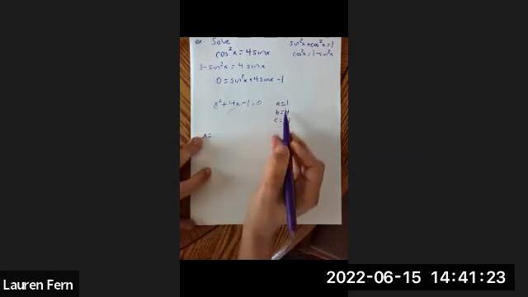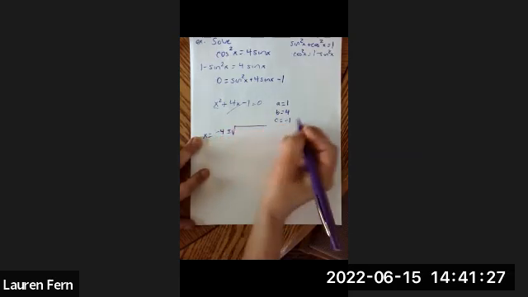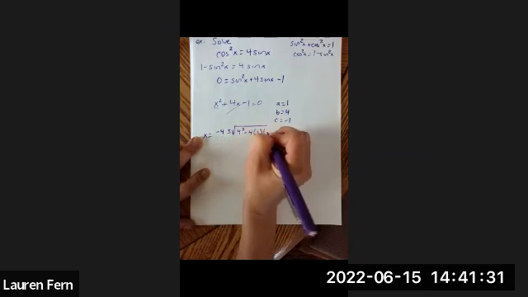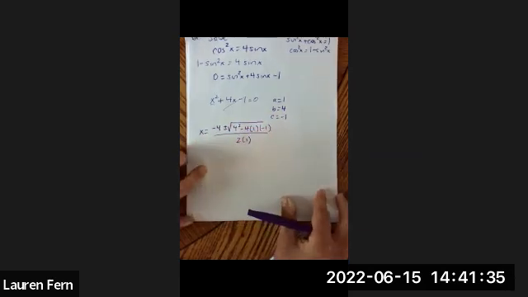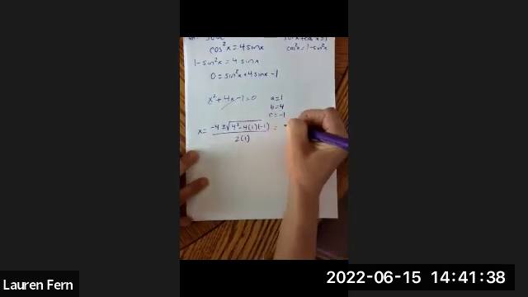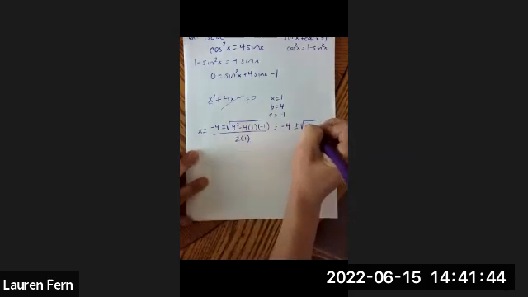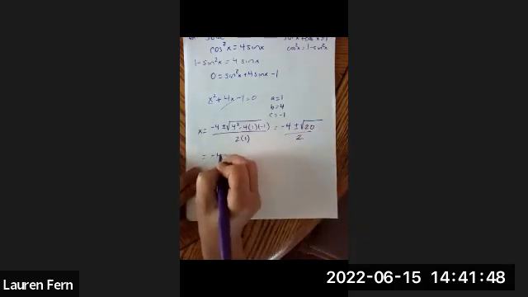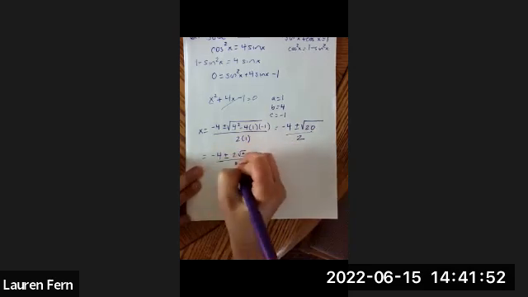So for here, we would say x is -b plus or minus the square root of b squared minus 4 times a times c, all over 2 times a. So we get -4 plus or minus the square root of 20 over 2, which is -4 plus or minus 2 root 5 over 2.